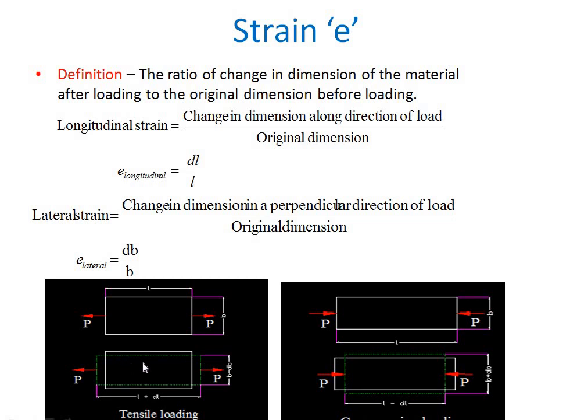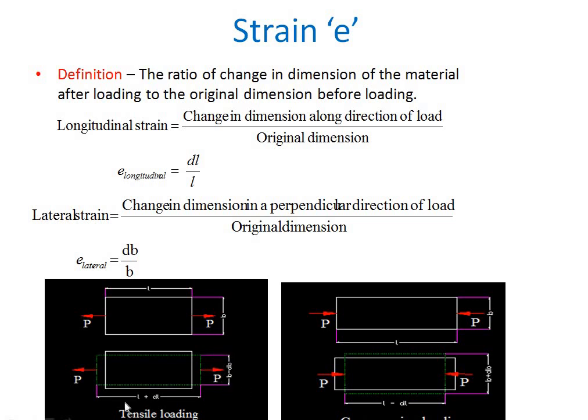Whenever the length increases, the width or breadth of the material decreases. Previously the breadth was B and now it has reduced by a distance dB, so the final breadth is B minus dB.